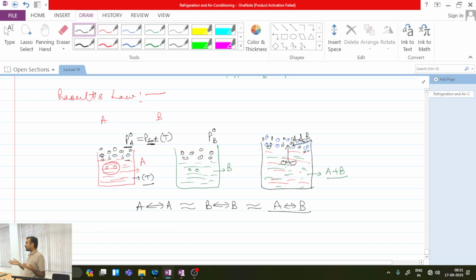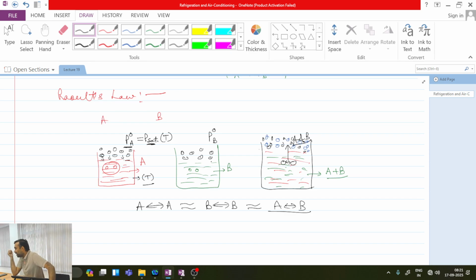When you have a mixture, and the mixture has the characteristic that the intermolecular interactions between A and B are the same, what does it mean? The escaping tendency of vapor molecules from the liquid solution will be the same for A and B. So if molecules of A are escaping out of the liquid, then molecules of B can also escape with the same tendency.